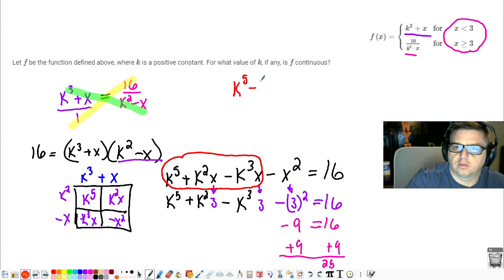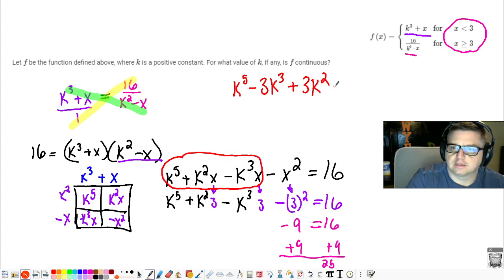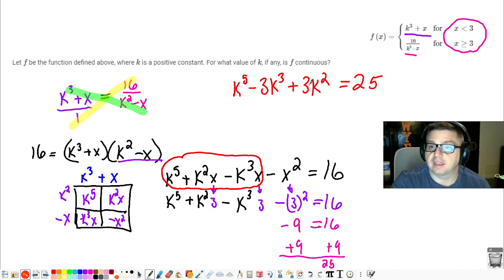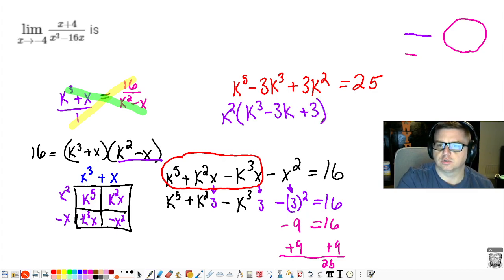So then it should be 3k cubed, and then plus 3k squared. Now, here's the cool thing: that still equals 25, and we can take k squared out of everything. We're left with k cubed minus 3k plus 3.